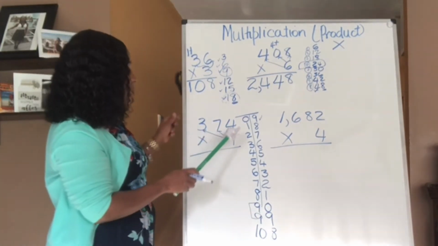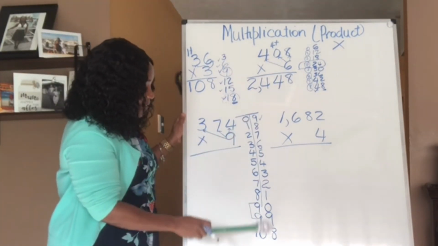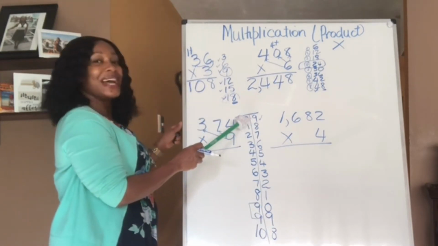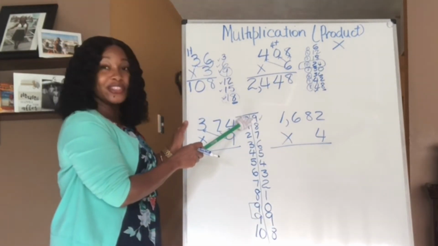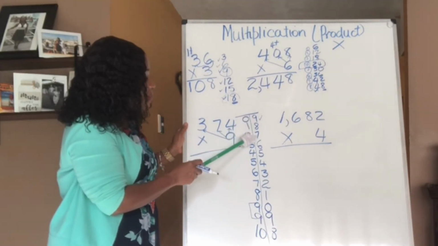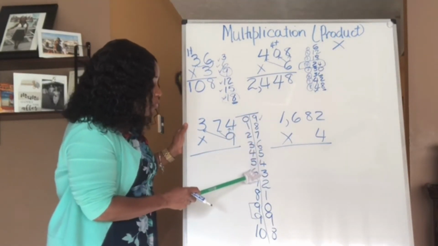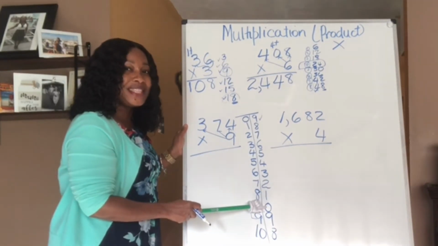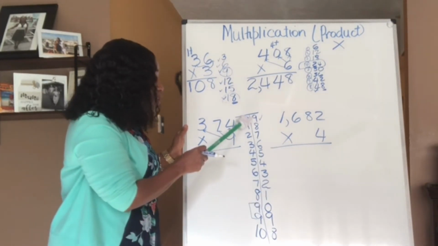So let's go again. On the right side, we count downwards or backwards from 9. So 9, 8, 7, 6, 5, 4, 3, 2, 1, 0. Then when you get to 0, you can't go any lower, so you start over.